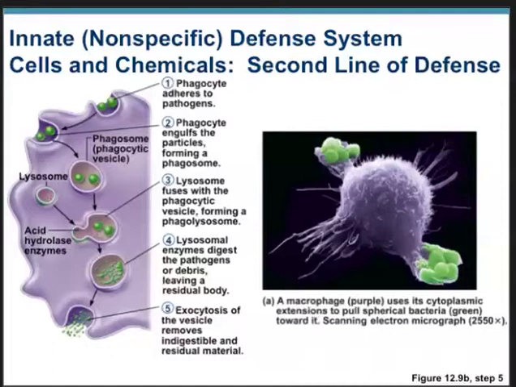And those bits will be basically combined with a special type of protein that's found on the membranes of every cell in the body called a major histocompatibility protein. And that combination of the antigen plus the major histocompatibility protein will be used to alert the adaptive immunity, the lymphocytes, to the presence of this pathogen inside the body.